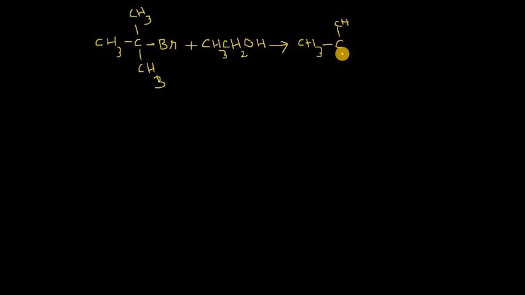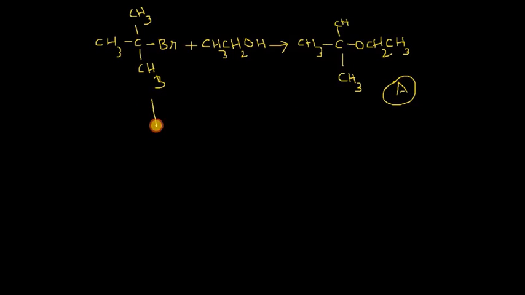That means the ethoxy group nucleophile attacks the carbocation formed in the first step of the mechanism and gives this compound. That is the first major product of the reaction. You can call it A. So A is nothing but this one.